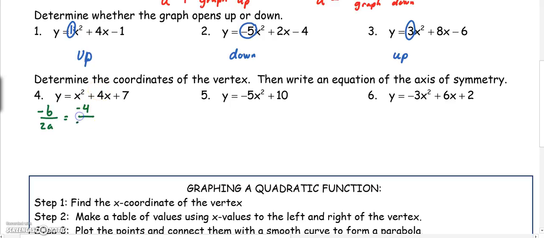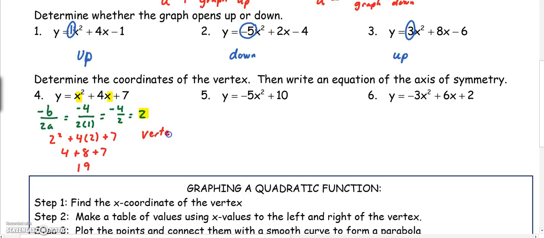So I have negative 4 over 2 times 1, which is negative 4 over 2, which is negative 2. Once I have this negative 2, I'm going to substitute it in for the x to get my y-coordinate. So when I substitute, negative 2 squared plus 4 times negative 2 plus 7, gets me 4 minus 8 plus 7.